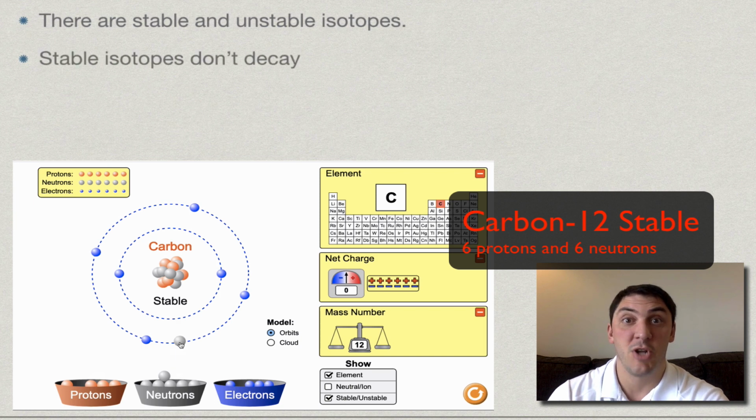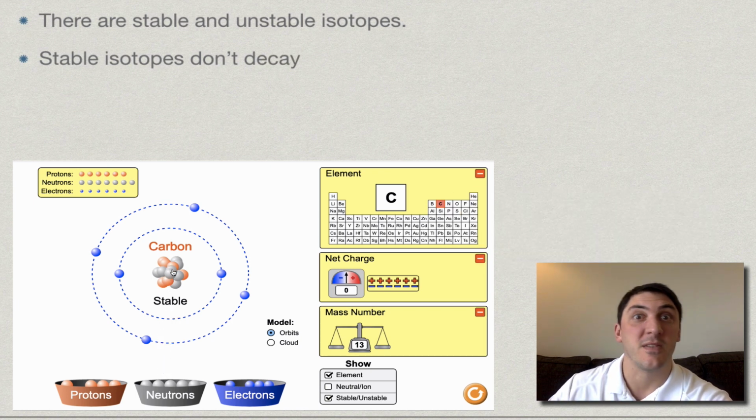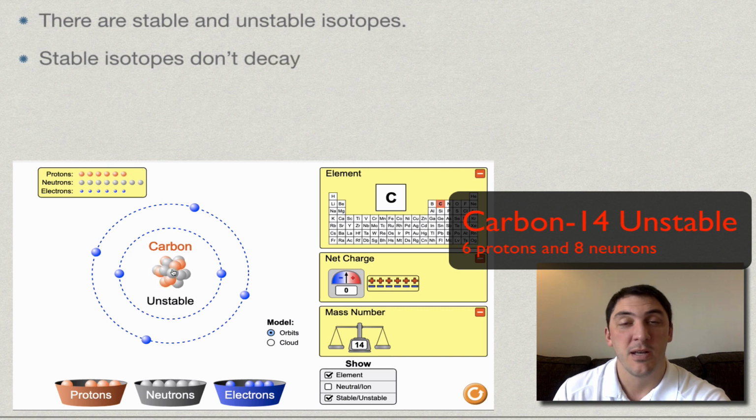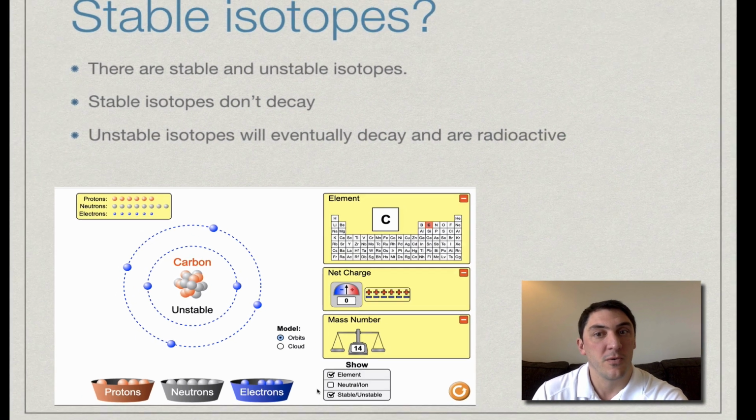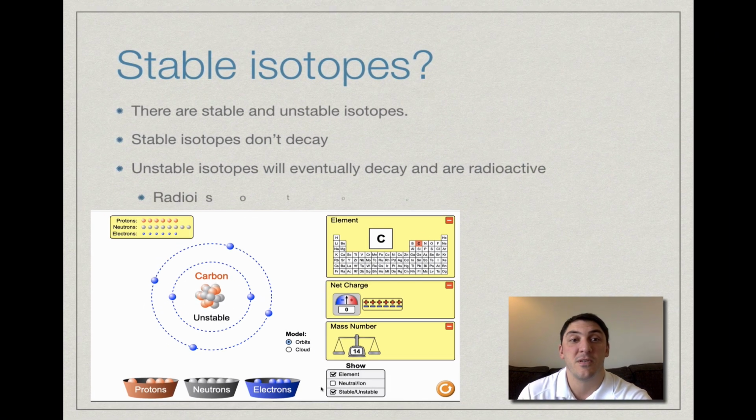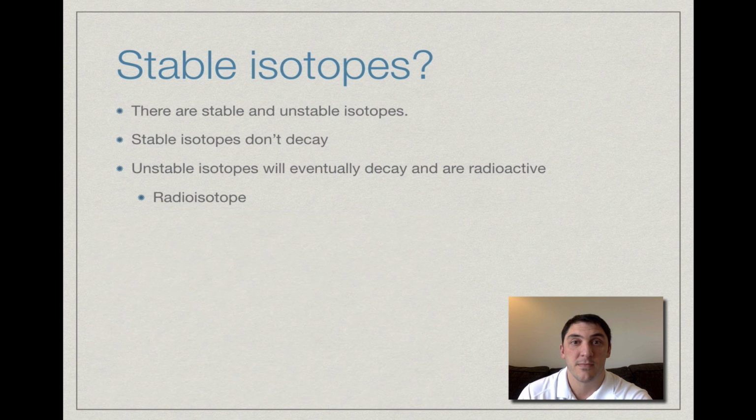Stable isotopes don't decay, meaning the nucleus in the center is fine and it's not so wobbly that it needs to kick stuff out of it, such as through radioactive decay, releasing radiation, particles, or energy to stabilize itself. Unstable isotopes will eventually decay, and they are called radioactive isotopes, also referred to as radioisotopes.